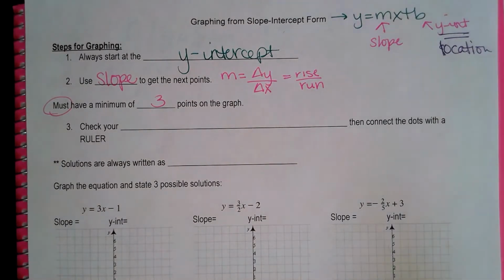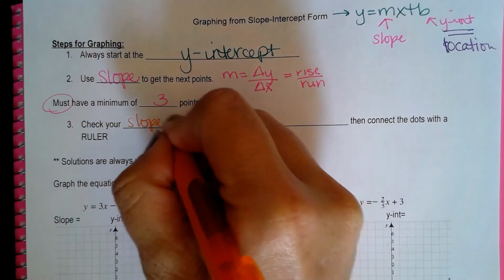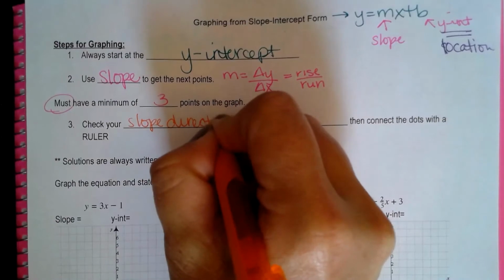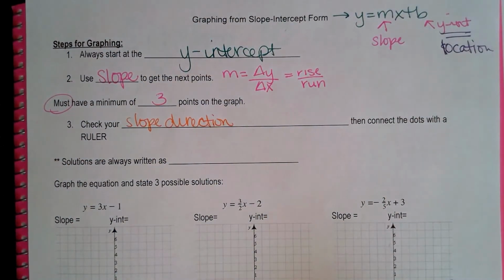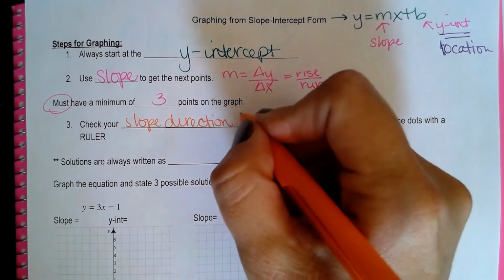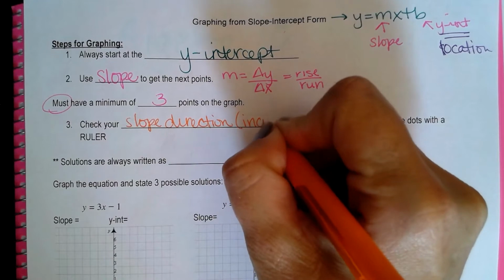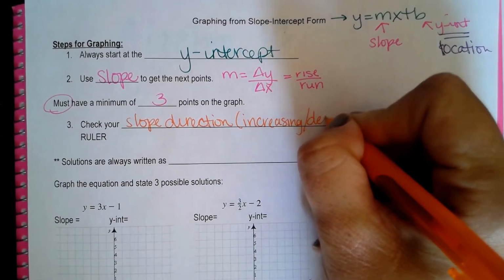Then the next thing is, before you actually connect your dots, what I want you to do is check your slope direction. What I mean by that is when you look at your slope, it's either going to be positive or negative. So based on that, you should be able to check, is it supposed to be increasing or decreasing?